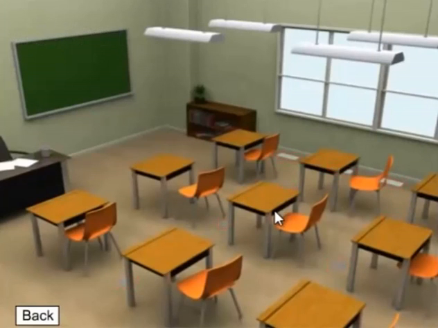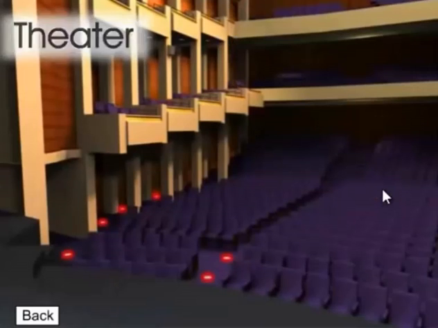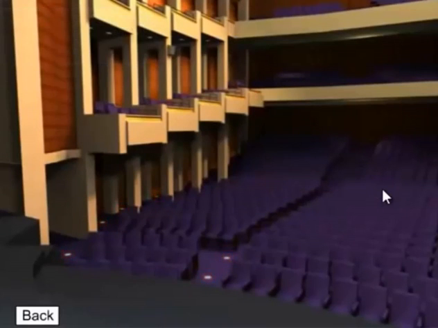School. Underfloor products are a very quiet and flexible system that can be easily used in secondary or college classrooms. Theater. Underfloor displacement diffusers are effective in areas with high ceilings, such as theaters. The diffusers can even be installed under the seats.